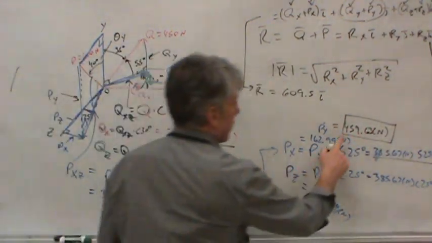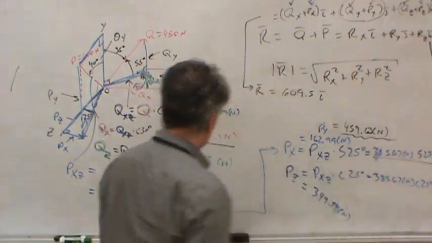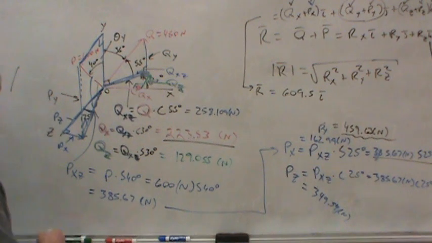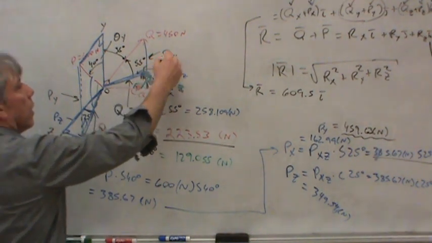I shouldn't have put a box around that. I'm trying to differentiate it. Where did QY get off to? Did we ever calculate it? We must have calculated it at some point. I bet I've erased it. How would we calculate QY? Would that be the cosine?